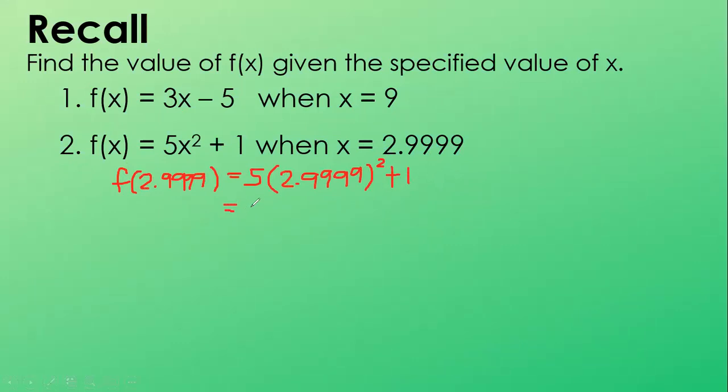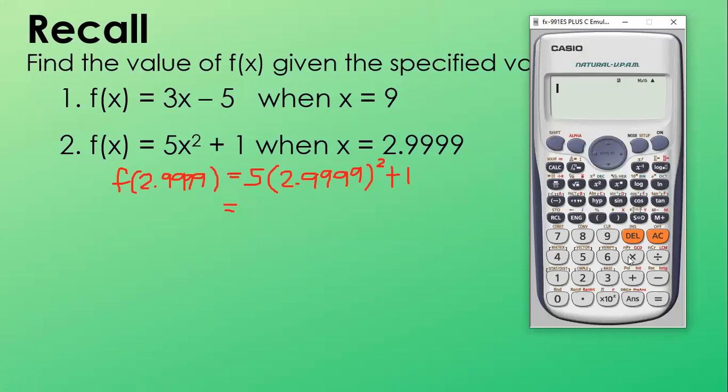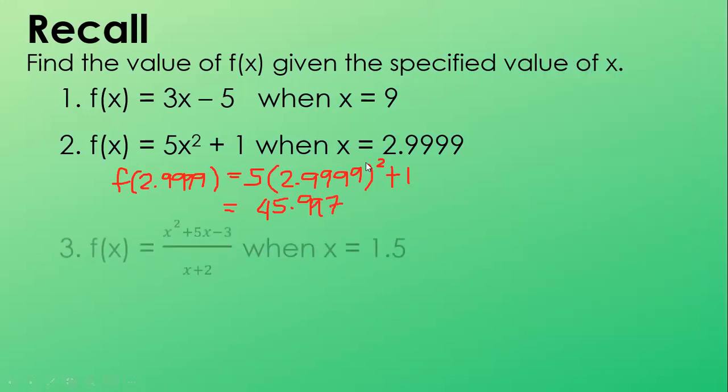Okay, so from this, we can use our scientific calculator in computing the exact value. So 5 times 2.9999 squared plus 1 is equal to 45.997. Okay, let's have number 3.